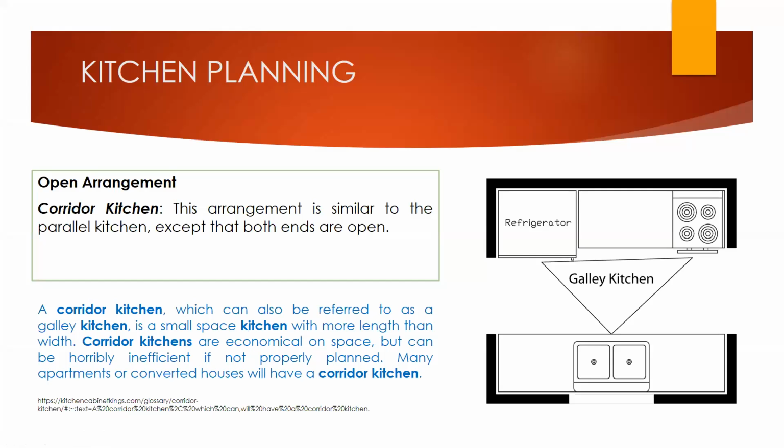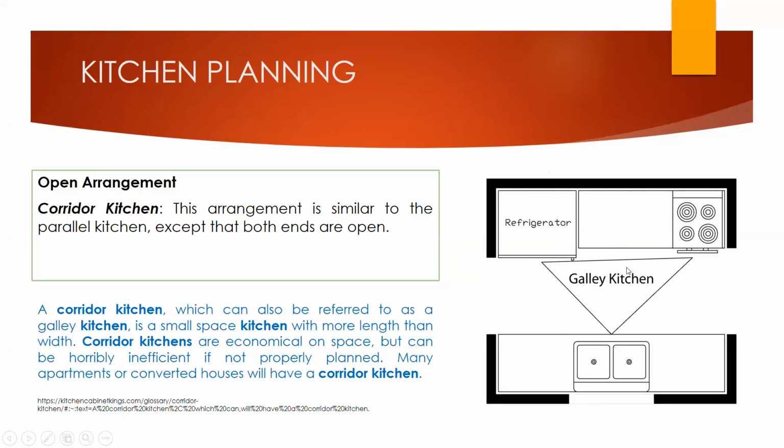So this is the corridor kitchen. Remember, in one of the first slides in this presentation, we talked about the galley kitchen. As you can see, I put this drawing, but this is a confusion we see all the time, especially on TV.